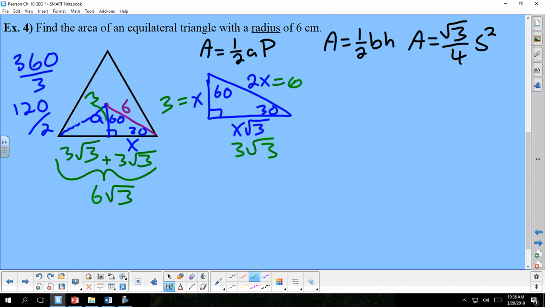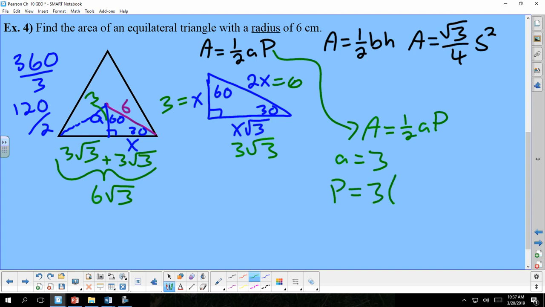So now I can go ahead and find the area. So let's take this aside over here. Area equals 1/2 apothem times perimeter. My apothem is 3. The perimeter, since there's 3 sides, is 3 times 6√3, or 18 square root 3.